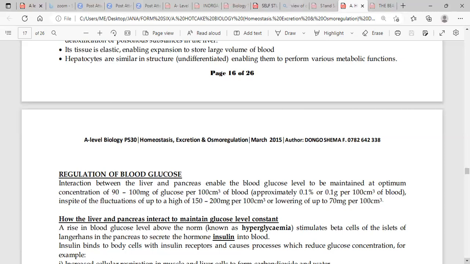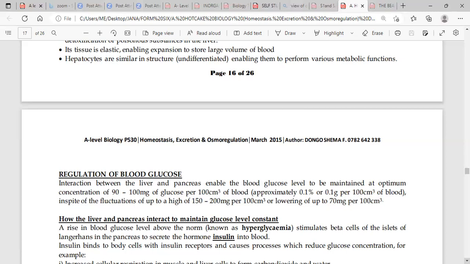So it must always be maintained at a particular constant high level, and in the body it is maintained at a concentration of 90 to 100 milligrams of glucose per 100 centimeters cubed of blood. That is approximately 0.1% or 0.1 gram per 1 centimeter cubed of blood.